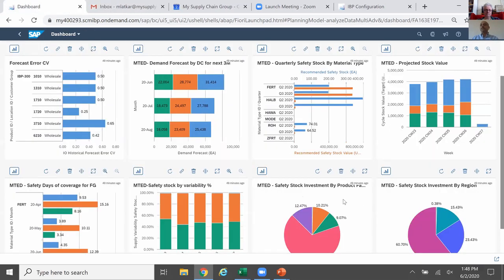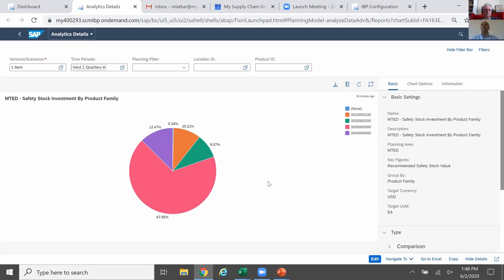We'll take another example. This dashboard shows you the safety stock investment by product family. In this pie chart, you can view there are different product families, and it can suggest how much safety stock you are going to invest for maybe the next quarter.